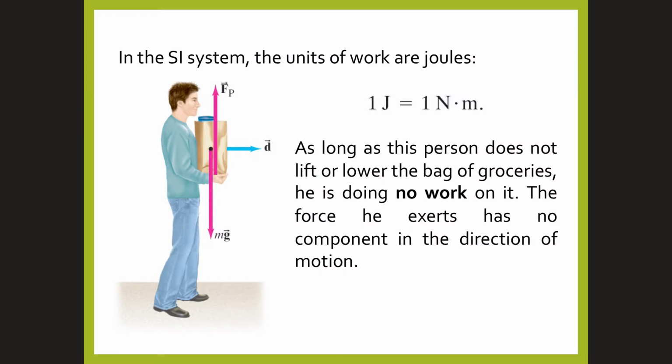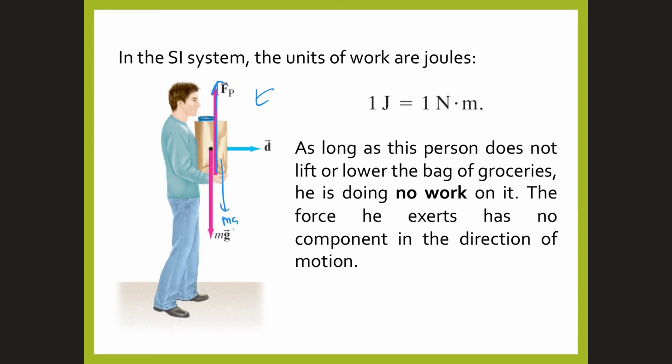In front of you, you can see that this person carries some grocery bags and moves through some distance. I want to ask you whether there is work done. The answer is there's no work done. When this person carries the grocery bag, he applies a push force vertically, and definitely we have the mg there.